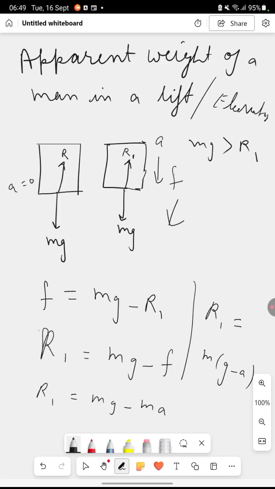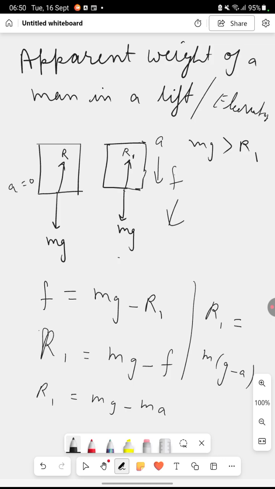So from here we can say when the elevator is moving in the downward direction, then the weight that is experienced by the man in the lift is less than the actual one. That's the case you have felt when you were in an elevator.